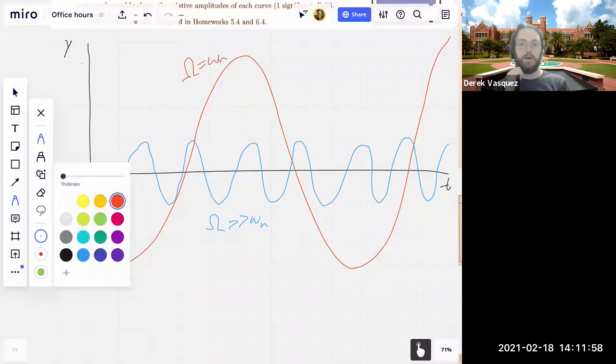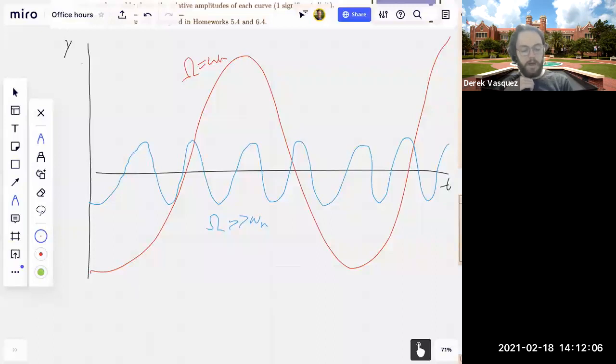And then the last one: if you have a driving frequency much lower than omega n, you're also going to have a low amplitude, and it's going to be a very low frequency, so a very slow curve like that.